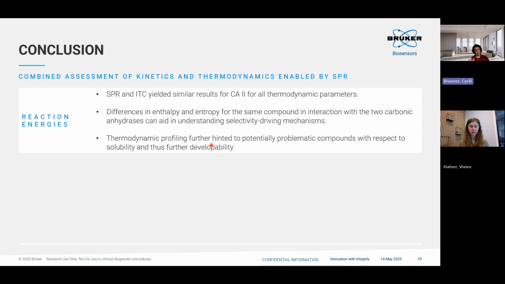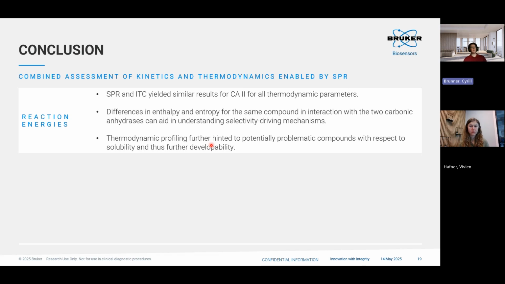With that, I come to the first conclusion. When we look only at the reaction energies, then we saw in the beginning that SPR and ITC yielded similar results for binding to carbonic anhydrase 2 for all the thermodynamic parameters, maybe delta G, delta H, or delta S. In addition, we were looking at the differences in enthalpy and entropy for the same compound between two proteins.